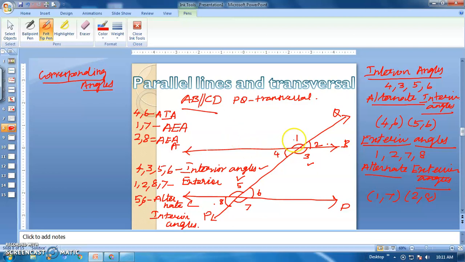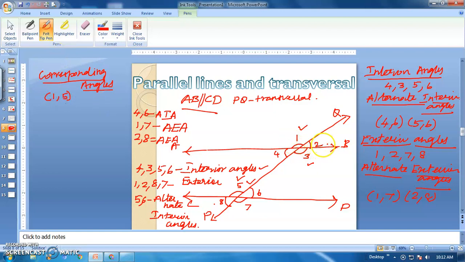For example, take angle 1 and angle 5. Does 1 lie above the parallel line? Yes, 1 lies above the line AB and 5 lies above the line CD. At the same time, both are on the same side of the transversal, that is the left side. So here the corresponding angles are 1, 5.